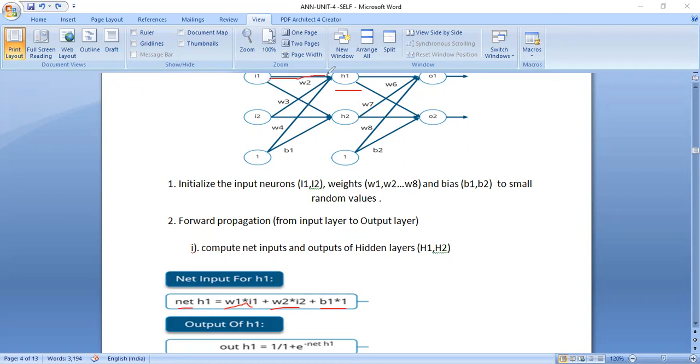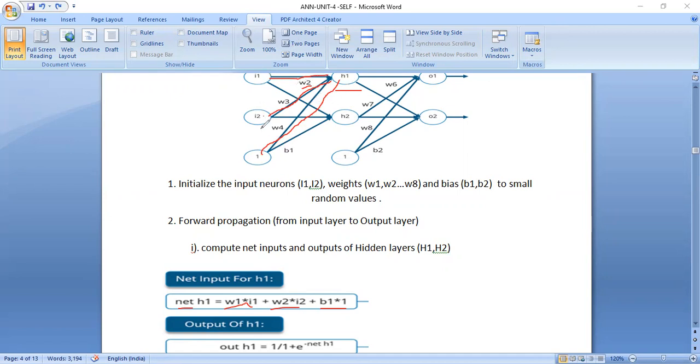I1 into W1, that is one signal. The second signal is I2 from input node 2 to H1, I2 into W2. After that, B1 into 1. These are the 3 input signals for H1.